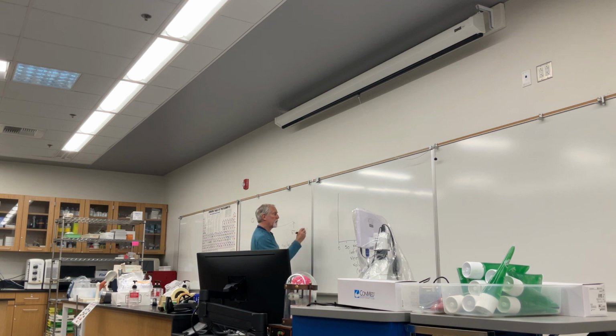On the y-axis, we're going to plot left ventricular pressure. And this is going to be in units of millimeters of mercury. And again, I'm just going to go up in increments of 50, starting out at 0.